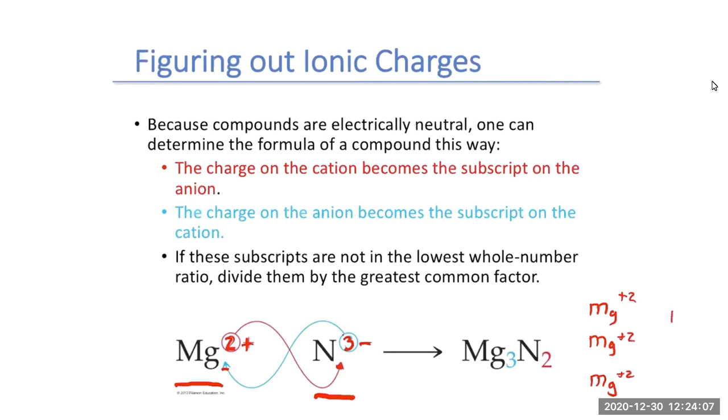And then there's 2 nitrogens, each with a -3 charge. So if you add up the charges, +2, +2, +2, gives you a +6. You can do the same for the nitrogens. -3, -3 gives us a -6. So +6 and -6, they'll cancel each other out. That's how I know this is a good formula.